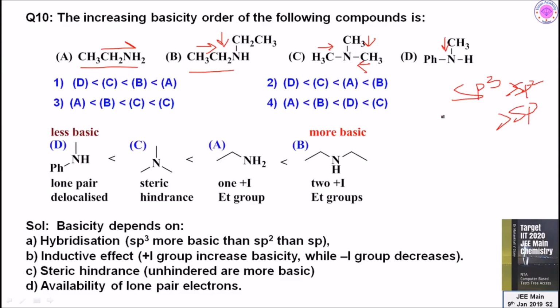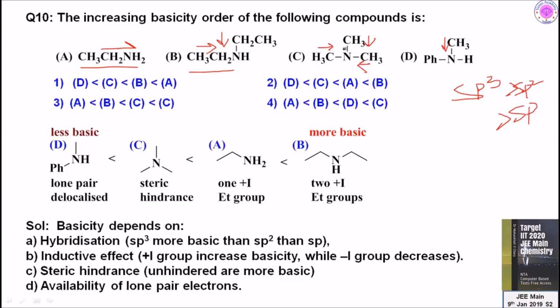So if the compound has more positive inductive effect groups, that compound is going to be more basic, right? But at the same time it must be sterically free, or the availability of the lone pair is very easy. There should be no steric hindrance.